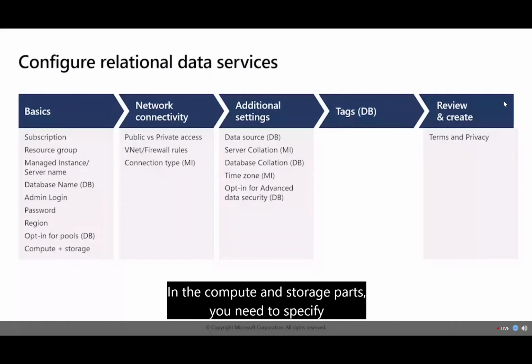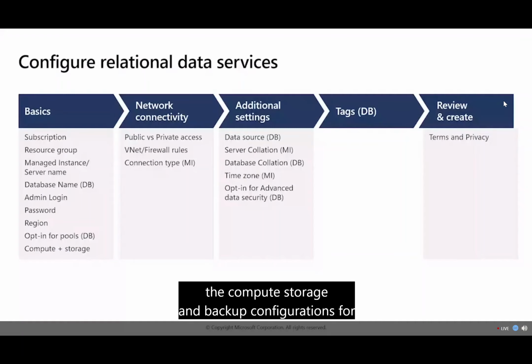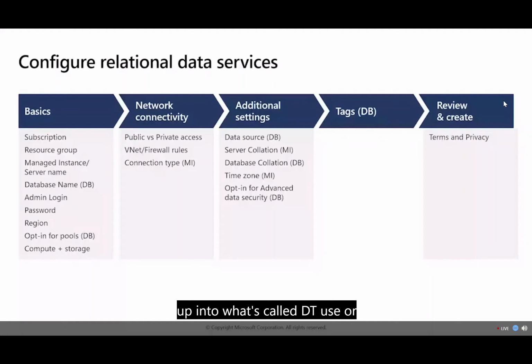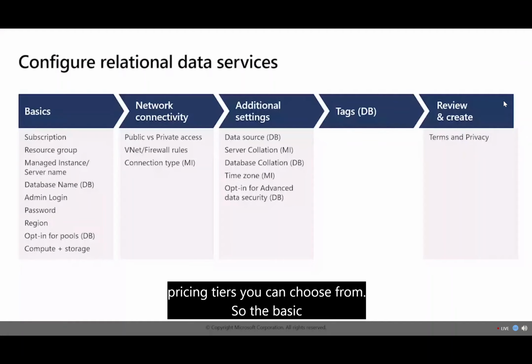In the compute and storage part, you need to specify the compute, storage, and backup configurations for your new server. Typically, this is bundled up into what's called DTUs, or database transaction units. For the pricing tier, there are typically 3 pricing tiers you can choose from.